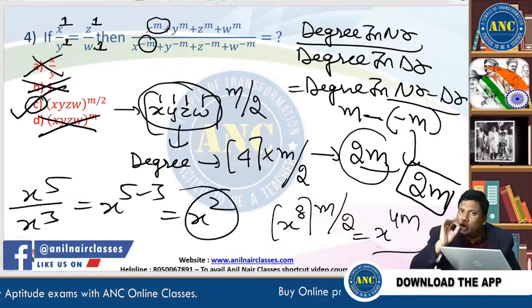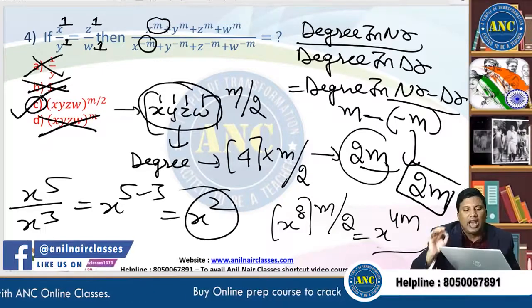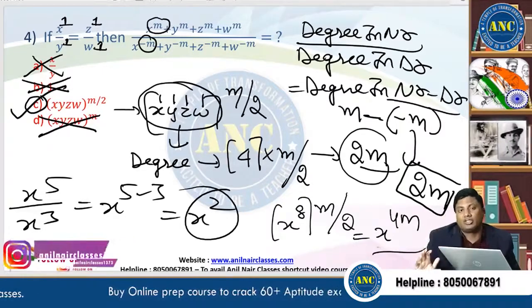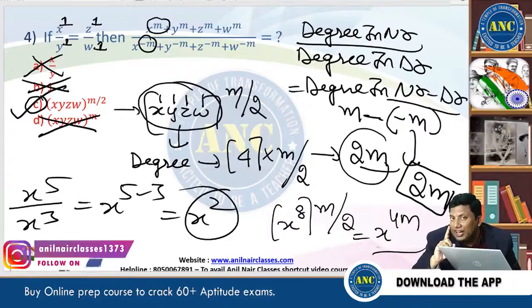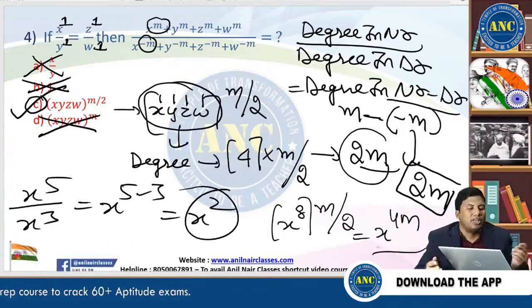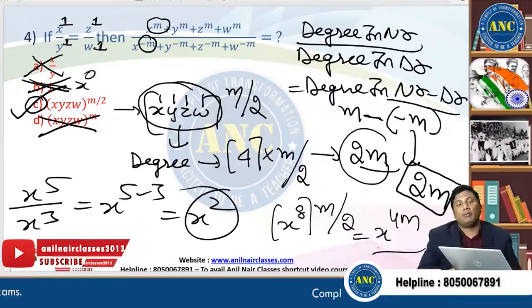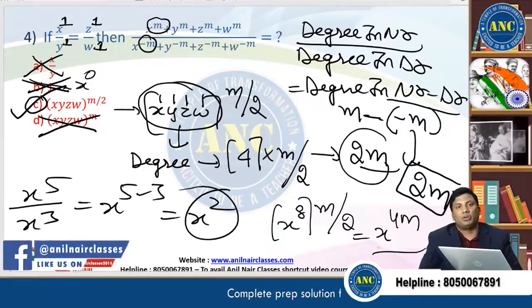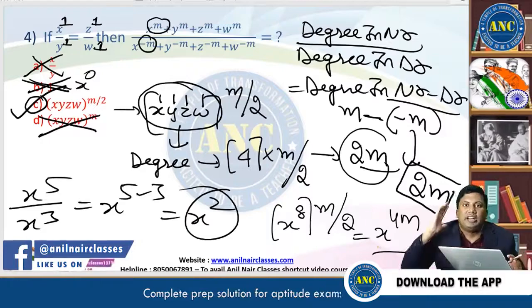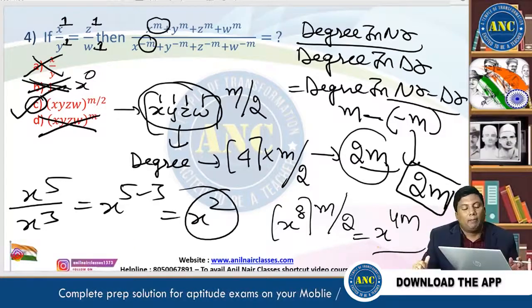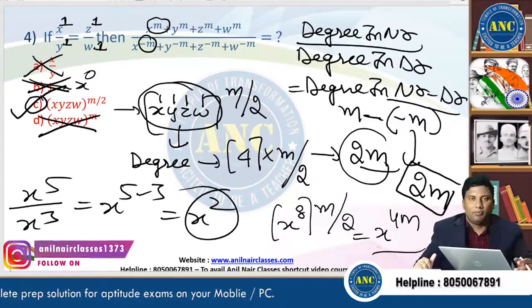Again I am telling you, question contains variables. Answer also contains variables. One I can write it as x power 0, right? If the question contains variables, answer contains variables, first method is degree in the question should be mapped with degree in the answer.